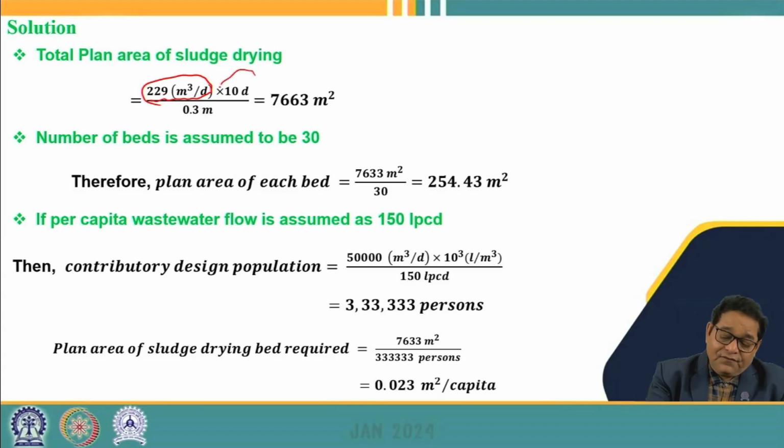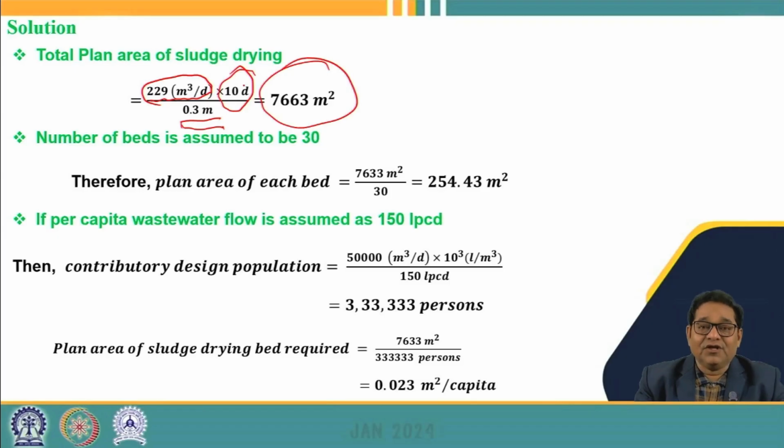So if we presume a complete cycle takes 10 days, within 10 days how much total amount of sludge will be generated, and if we divide by the thickness of the layer, that gives how much the bed area requirement would be. So this is how we can calculate the total bed requirement for the sludge drying bed.